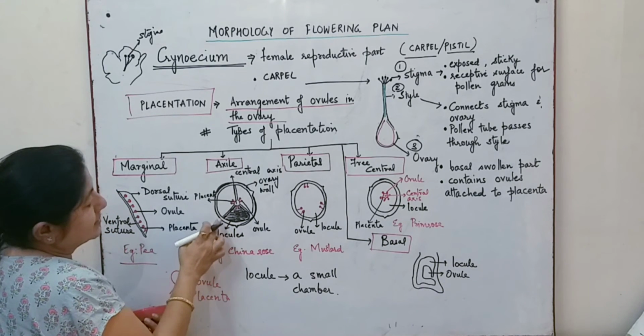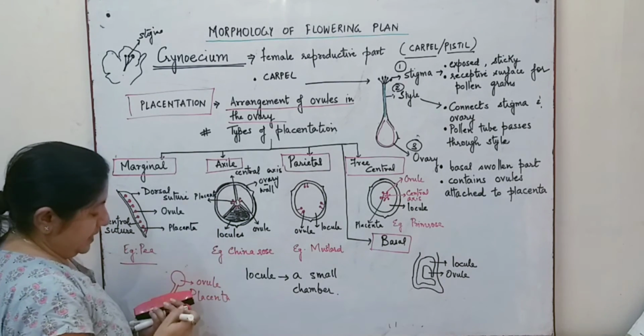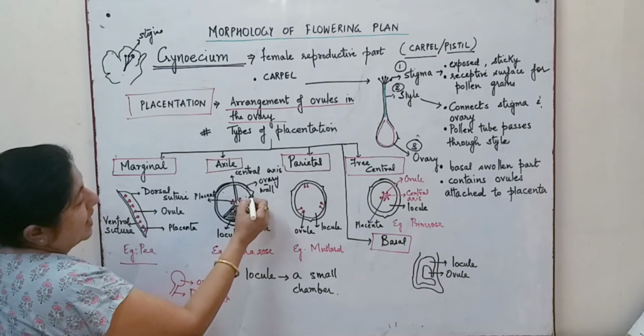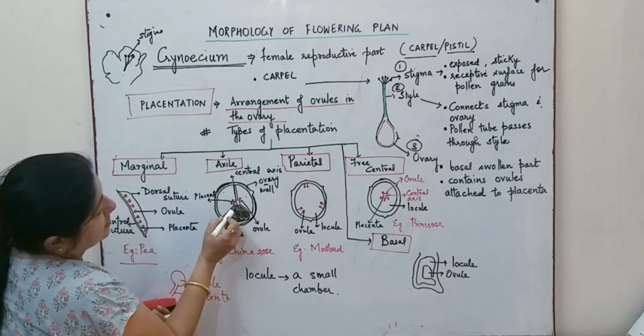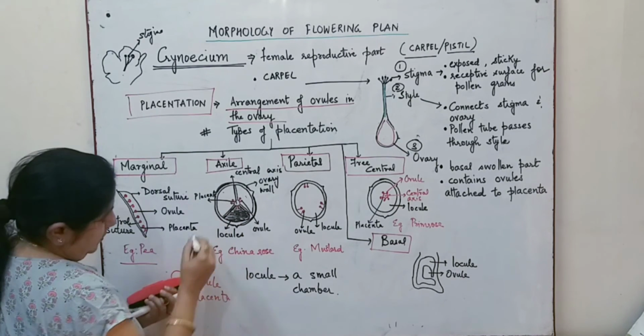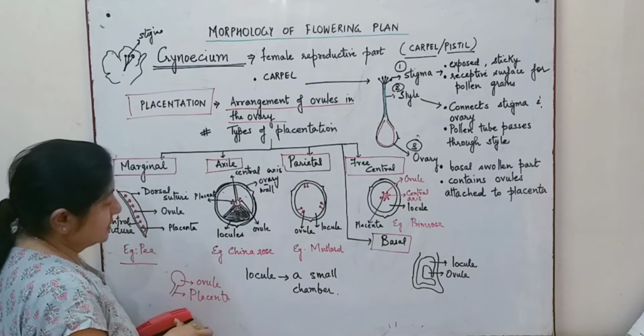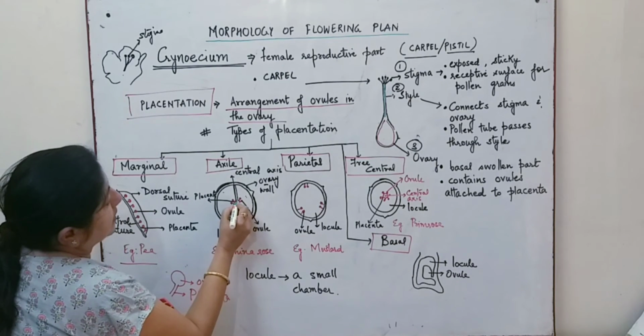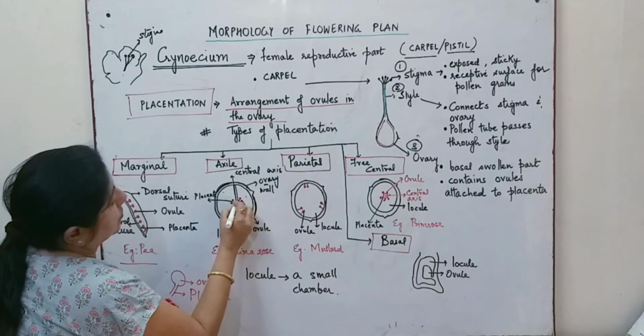So over here in the axial placentation, we find that there are 3 locules, and this center point over here is the central axis. I am marking it in green, using a different color over here.